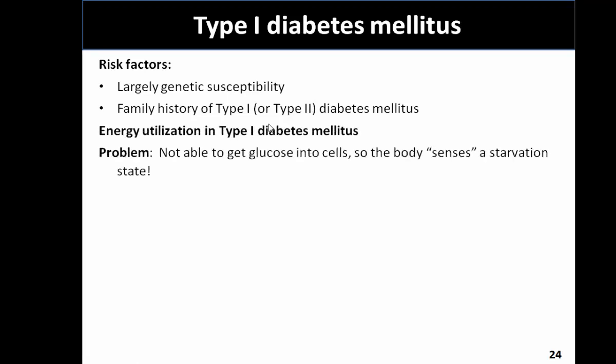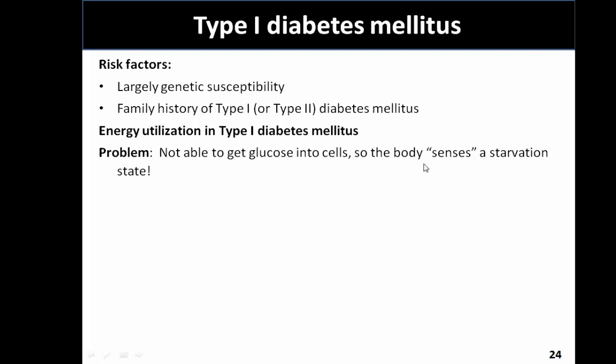So in terms of energy utilization, which becomes quite problematic in people afflicted with type 1 diabetes mellitus, recall glucose cannot get into the cells, muscle cells as well as liver cells. So the body senses that there's a starvation state. This sensation by the body is actually a mistake.